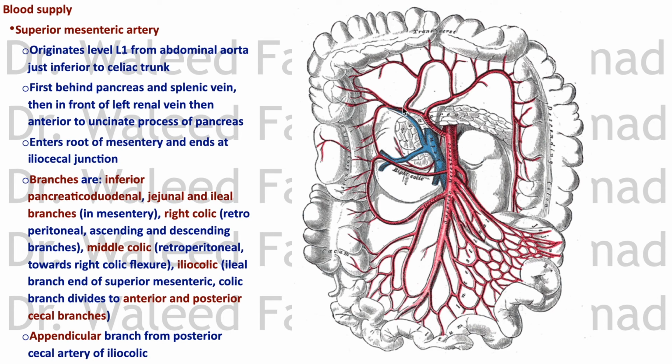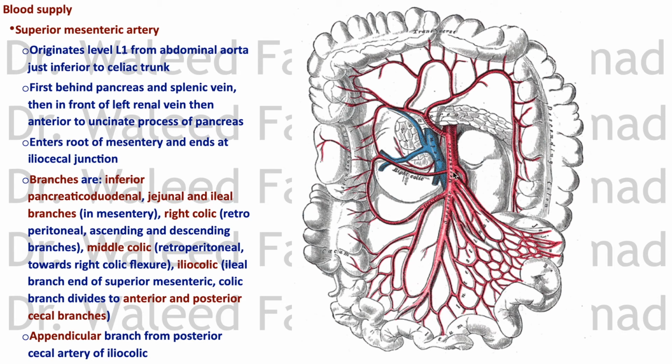How do you differentiate these? Especially that in the case of the right colic and ileocolic, the origins may differ between subjects. You look at the direction the artery is headed. If it's going towards the cecum and the terminal ileum, this is the ileocolic branch.